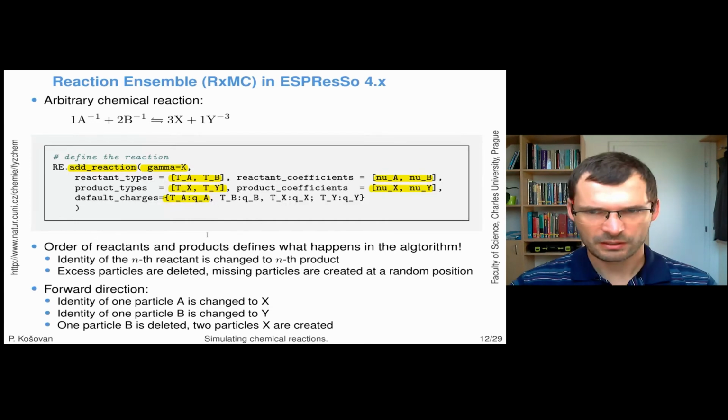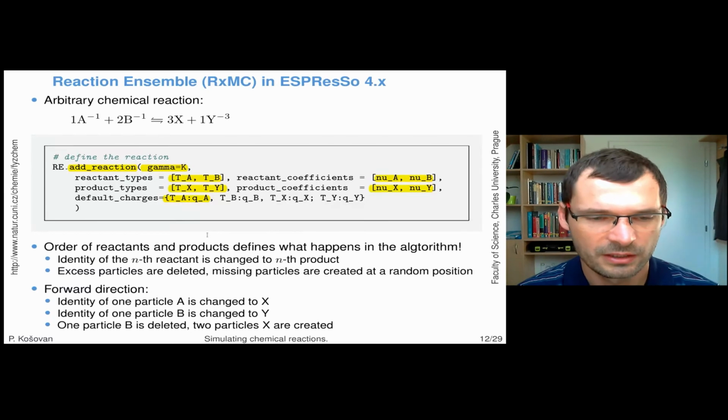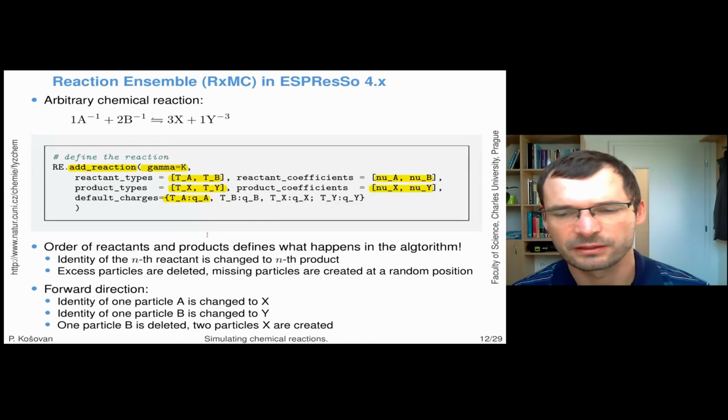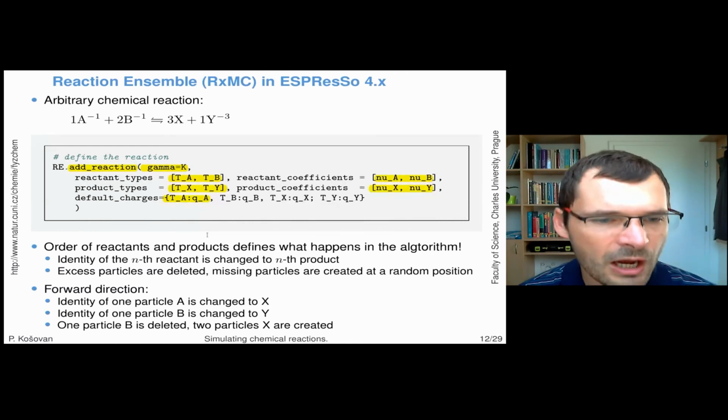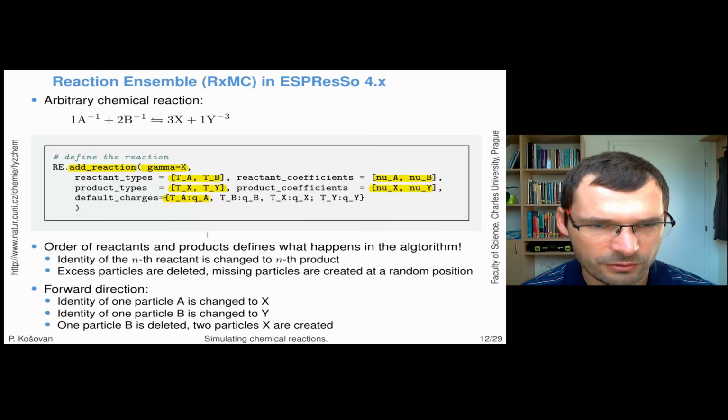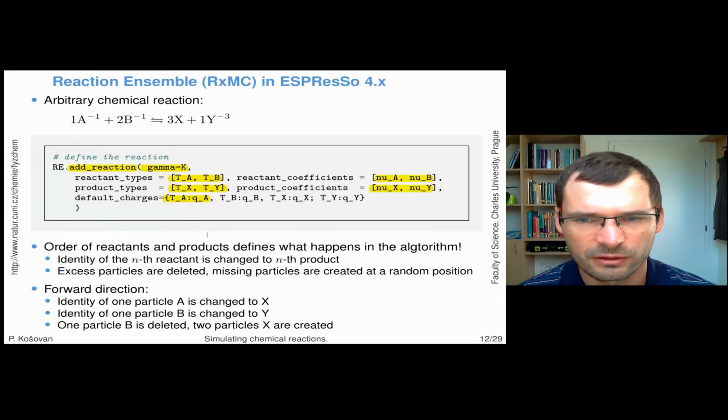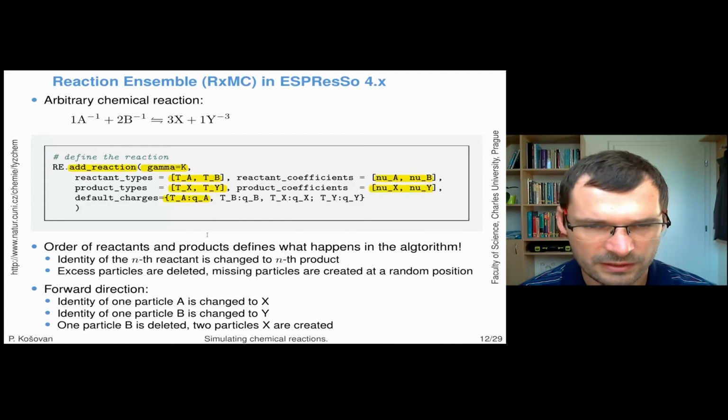Here I would like to mention that in chemical thermodynamics, the order of reactants and products, as I specify them in the reaction, does not affect the chemical equilibrium. However, in ESPResSo, this order is important, and that is why the types and coefficients are provided as lists, as in Python.